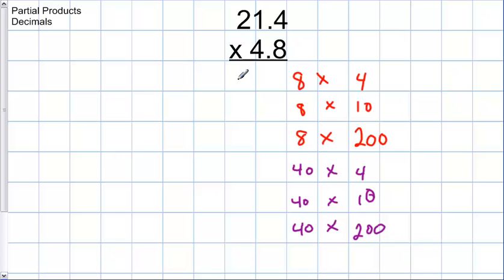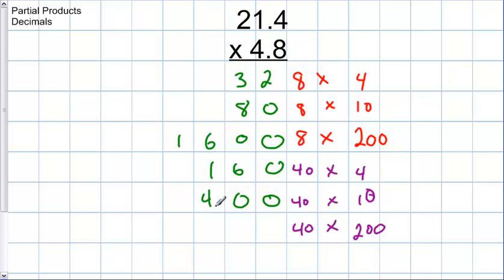So then I just go through and multiply. 32, 80, 2 zeros, and 2 times 8 is 16. Put a 0 down, 4 times 4 is 16. 2 zeros. 4 times 10 is 40. 4 times 4 is 16. 3 zeros.